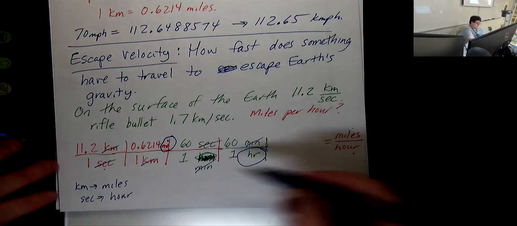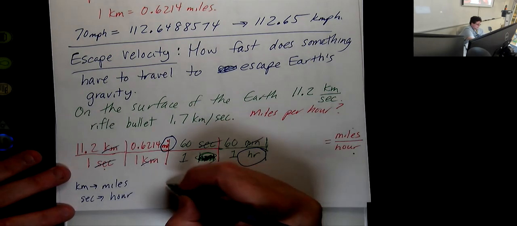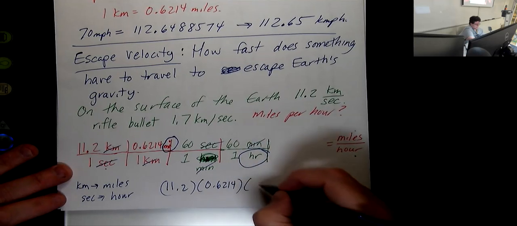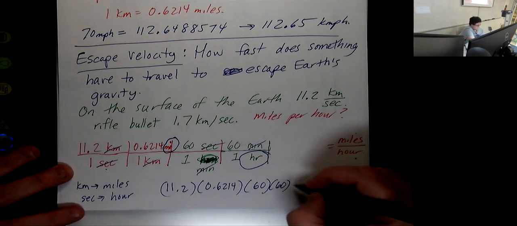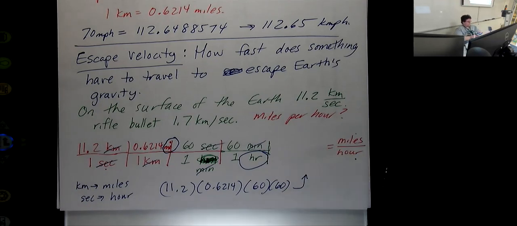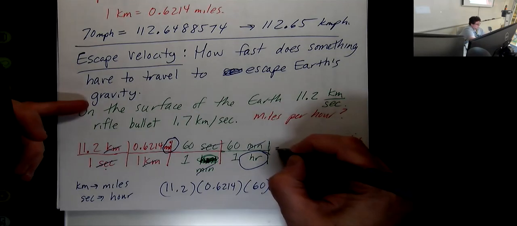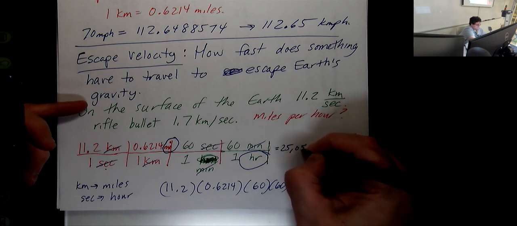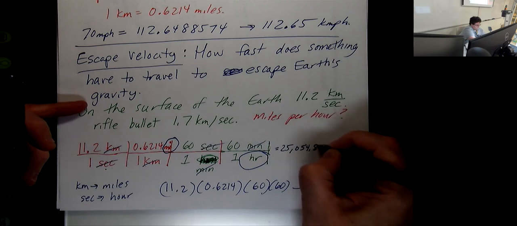All right, so what is the math here? Every denominator is just 1. So all I need to do is multiply these together. And we can figure out the escape speed in miles per hour, something we're familiar with. 25,054.85.